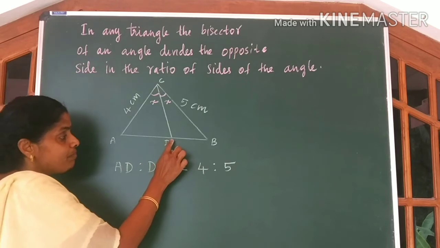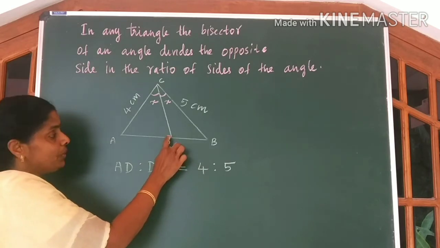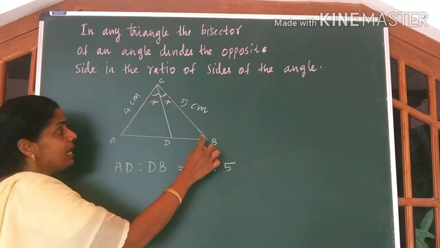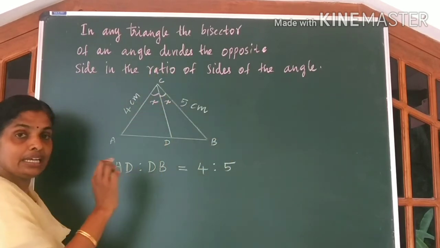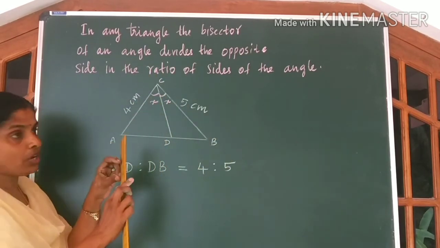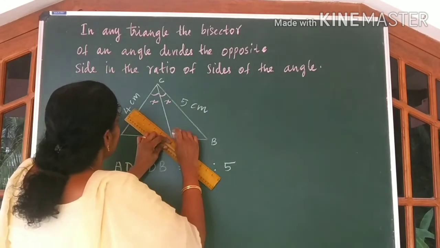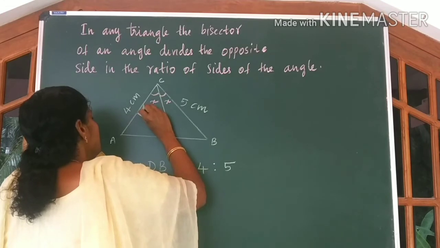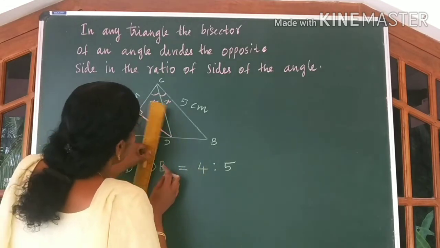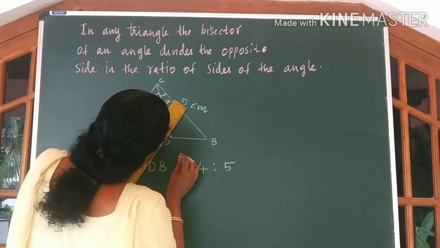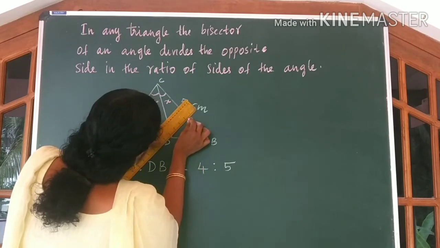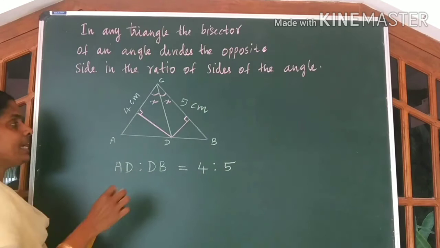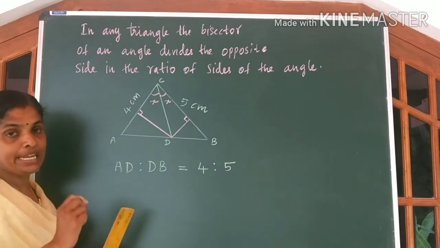Now, from the point D, you draw a perpendicular to the side AC and also to the side BC. Let me draw the perpendiculars. I am drawing a perpendicular from D to this side and also a perpendicular from D to the second side. These two are the perpendiculars.